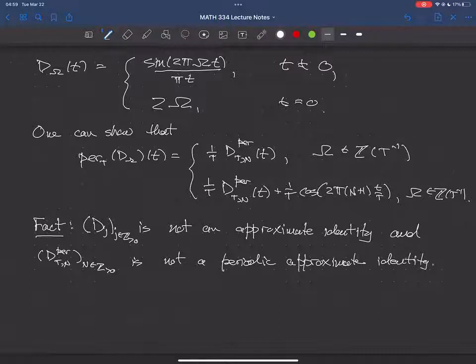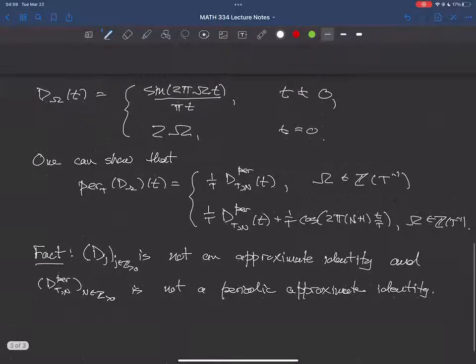Okay, and this is for slightly different reasons in each case, and different but related reasons. Okay, so let's first look at the aperiodic Dirichlet kernels first. Okay, so here they are, right?